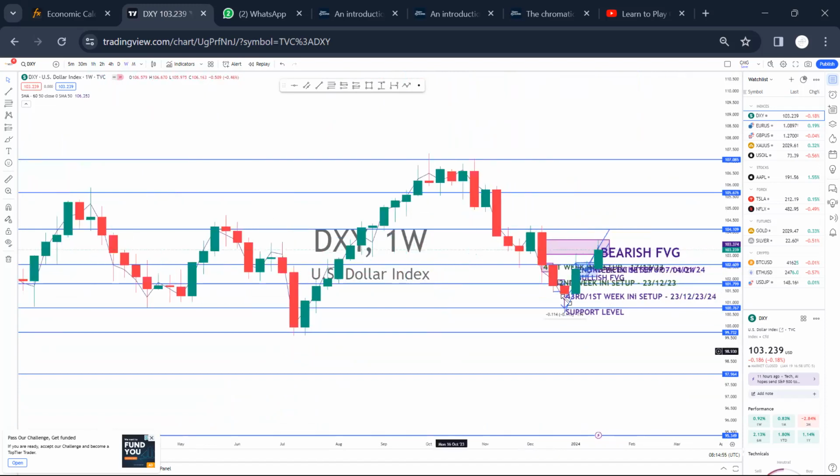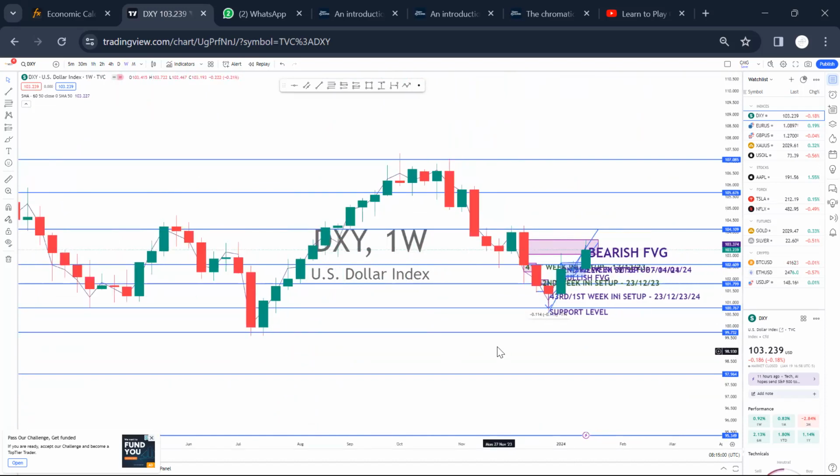So now on the weekly time frame, this is what I am seeing here. I won't waste much time here on the weekly and the daily, and then when I get to the 4 hour and the 1 hour, that's when I actually draw conclusions. But this is going to help me one way or the other.